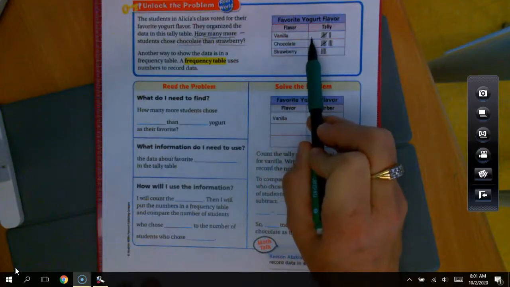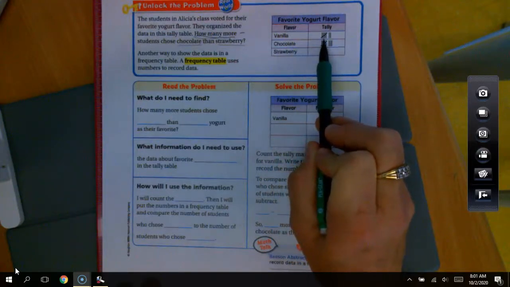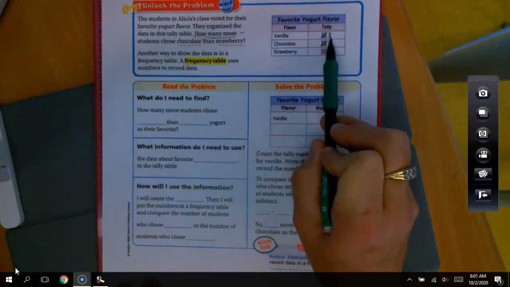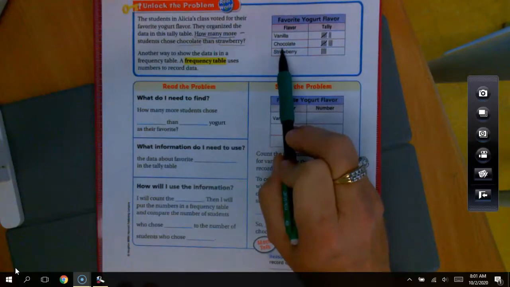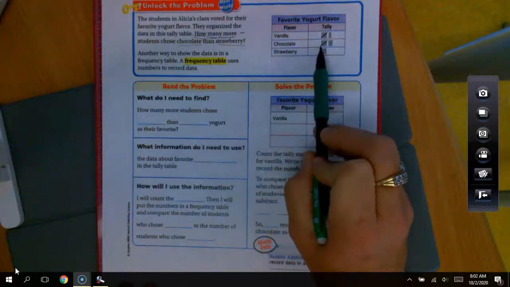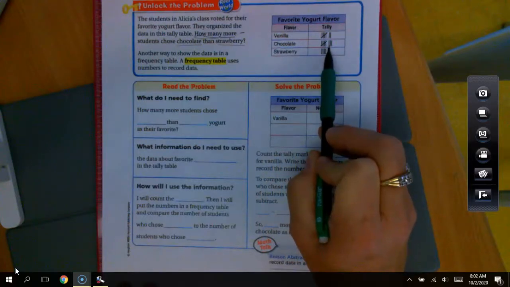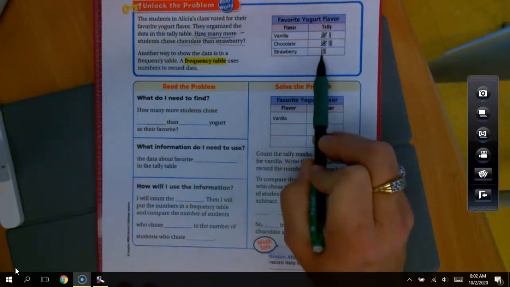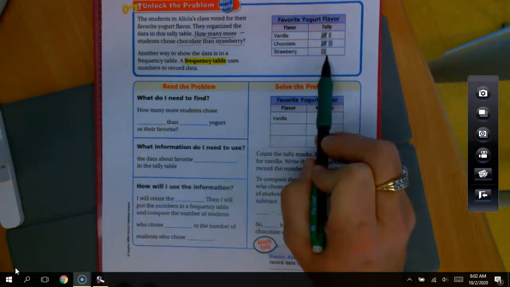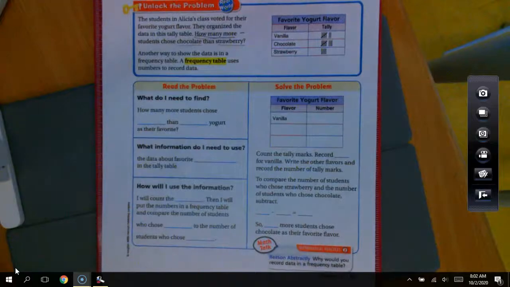If I go across, I see that there are 5, 6, 7 people that liked vanilla. I can go down to my chocolate, and I go across and I see that 5, 6, 7, 8 people like chocolate. And then I have strawberry, and I see that 1, 2, 3, 4 people liked strawberry.